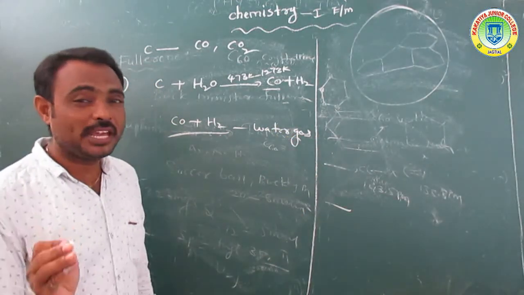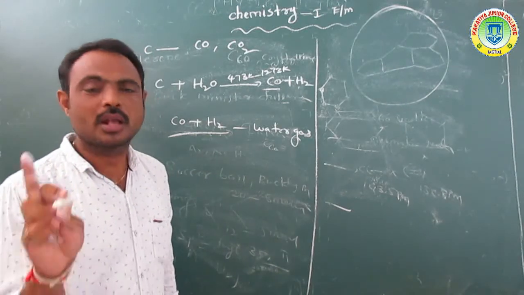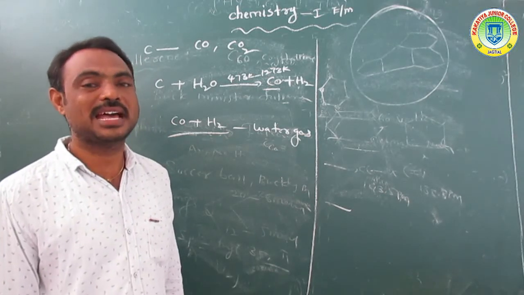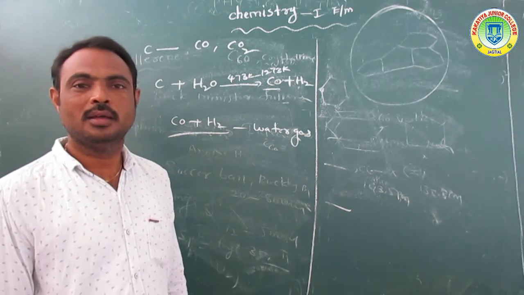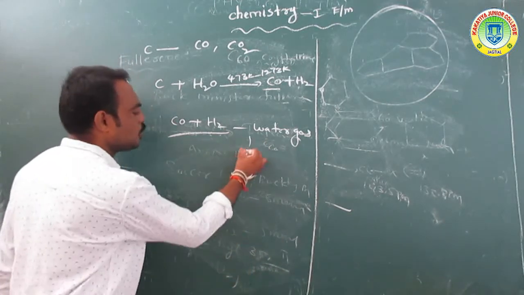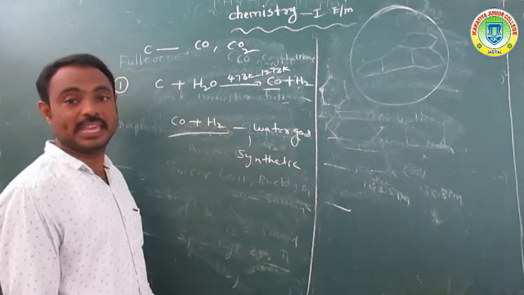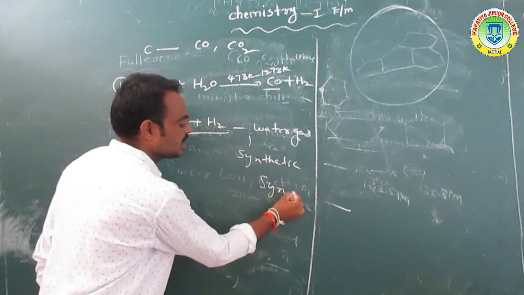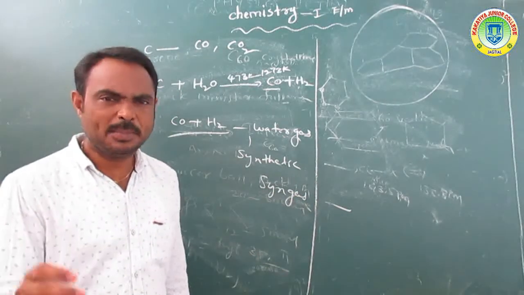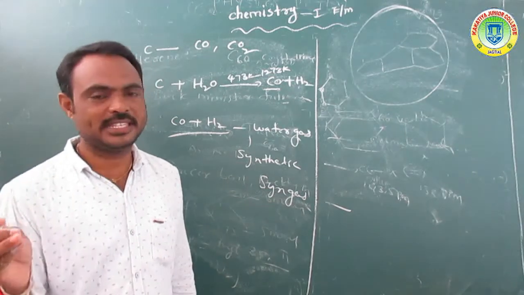Okay, what is the meaning of water gas? The combination of carbon monoxide and hydrogen gas is called water gas. This water gas is also called synthetic gas or syngas. Okay, it's very important.